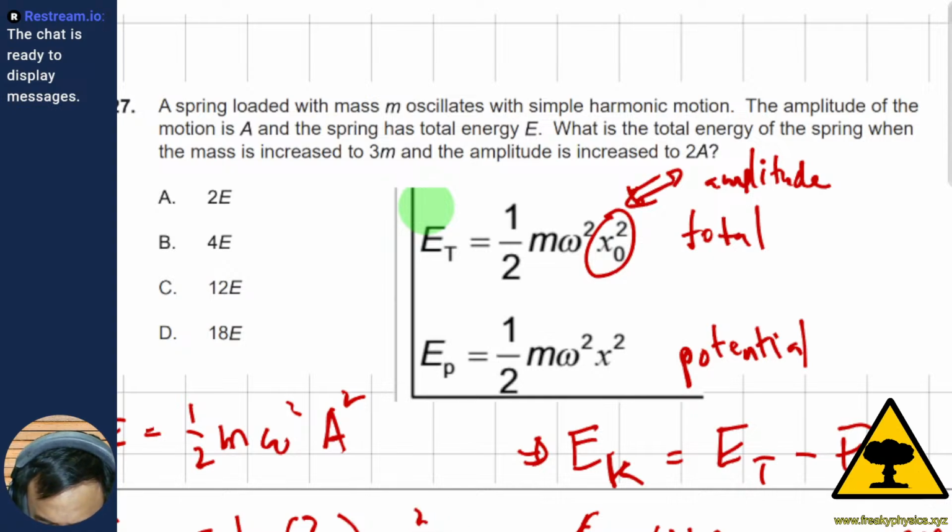The frequency is not going to change. Or is it? Hold on. Actually, it will. Or is it? Okay, let me double check that. But the amplitude, let's just put nu here so we don't get confused later. And then the amplitude is 2a, right?